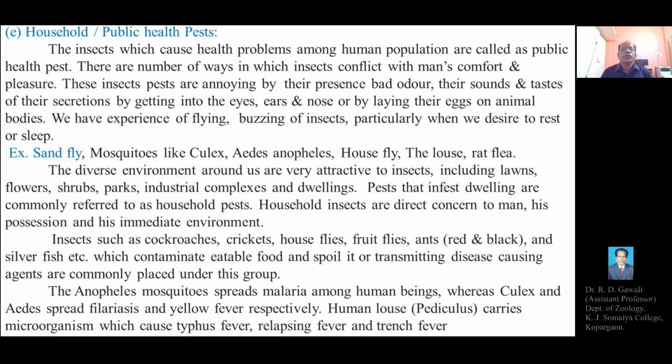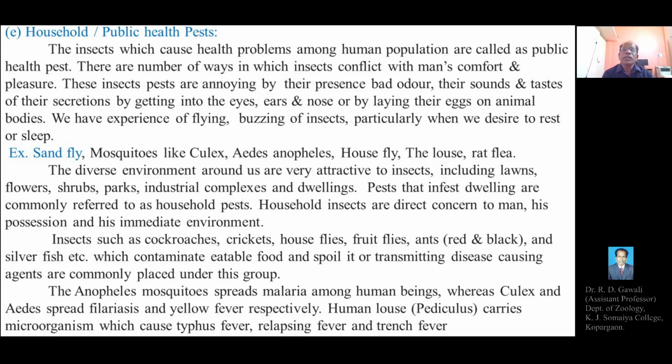We have experience of the flying and buzzing of insects, particularly when we desire to rest or sleep. So there are different types of insect pests which attack human beings and harm them differently.